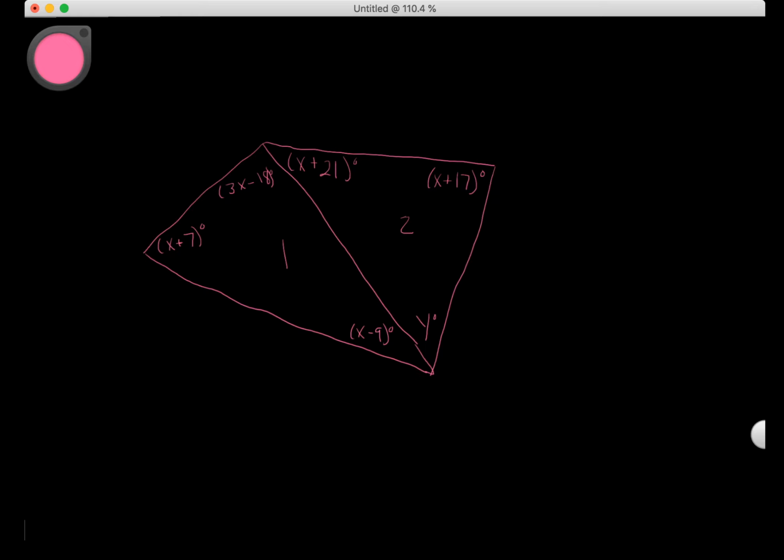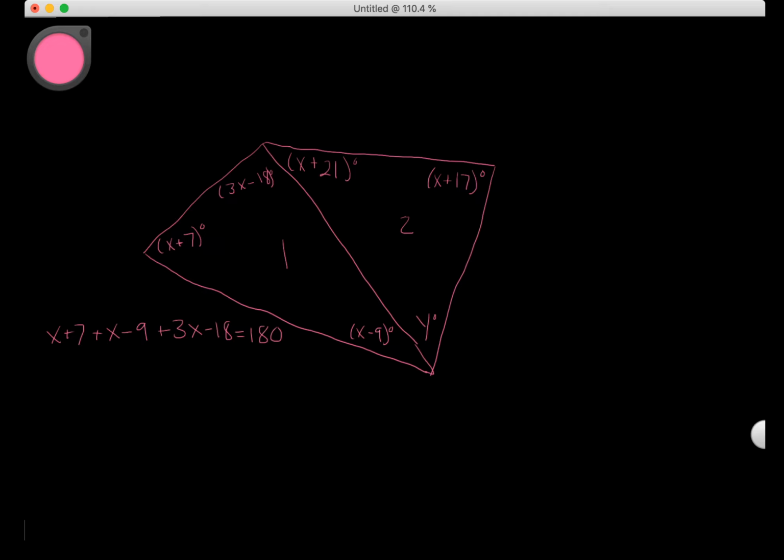So in this first triangle, we want to recognize that, again, the interior angles of this triangle are going to equal 180 degrees. So if we put all of these together, they should equal 180. So we have x plus 7 plus x minus 9 plus 3x minus 18 equals 180.